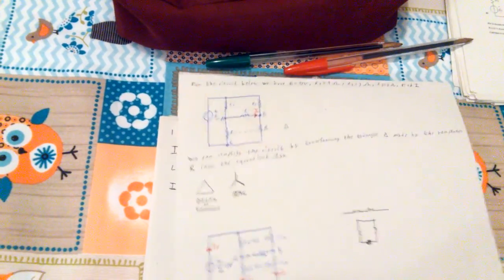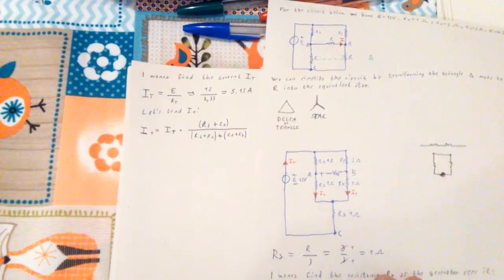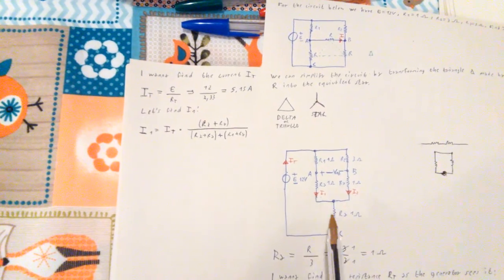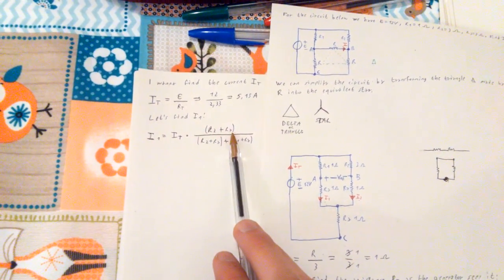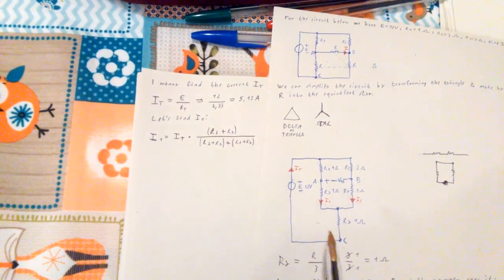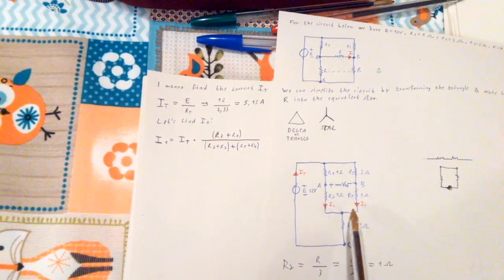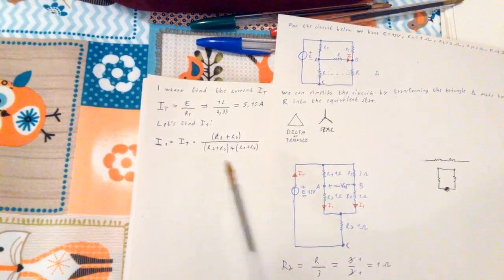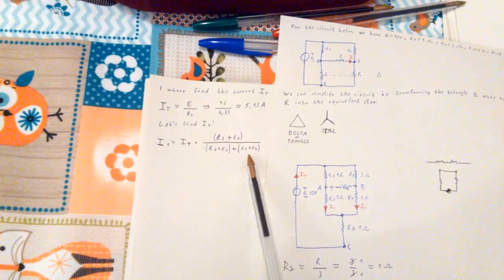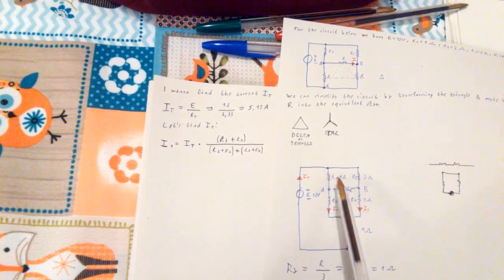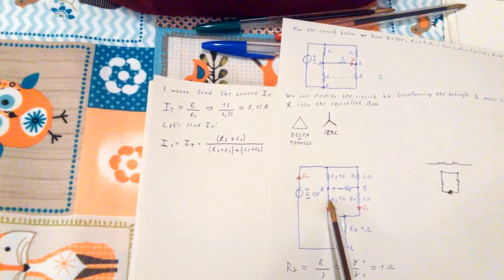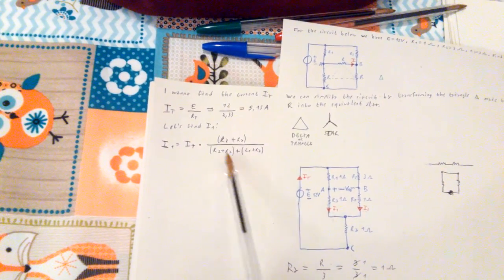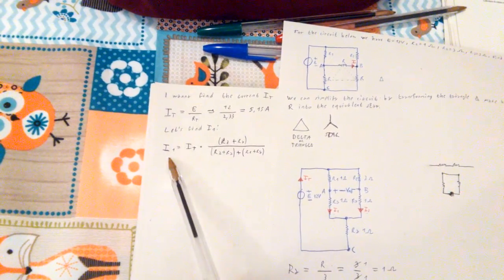Okay, so basically, as you can see, we're going to have R2 plus RA over R2 plus RA plus R1 plus RA, times, of course, I of t. This is going to give me my I1.